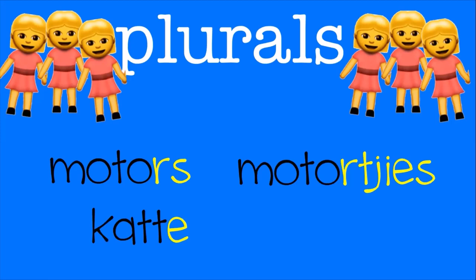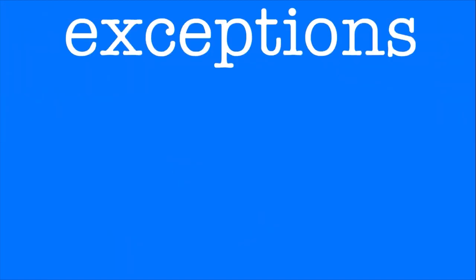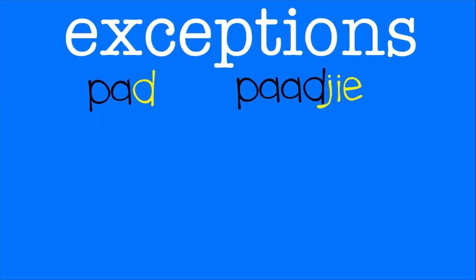Katte. Katte is plural for kat. The normal word is kat ending on the t, so I told you now, we just add the "ie." However, katte is plural, so we need to make the verkleining plural as well. So katjies. Exceptions, there are some exceptions, but we're not just going to add the "ie", we need to double up the a. Paadjie.